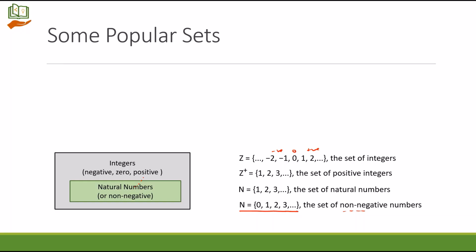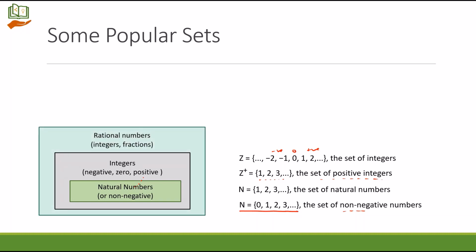That is denoted by Z plus. Only the positive numbers are taken for the set of positive integers. So when they say it's a universe of integers, it will include negative numbers, positive numbers and 0. When they say it's a universe of positive integers, it will include only the positive numbers 1, 2, 3, etc.